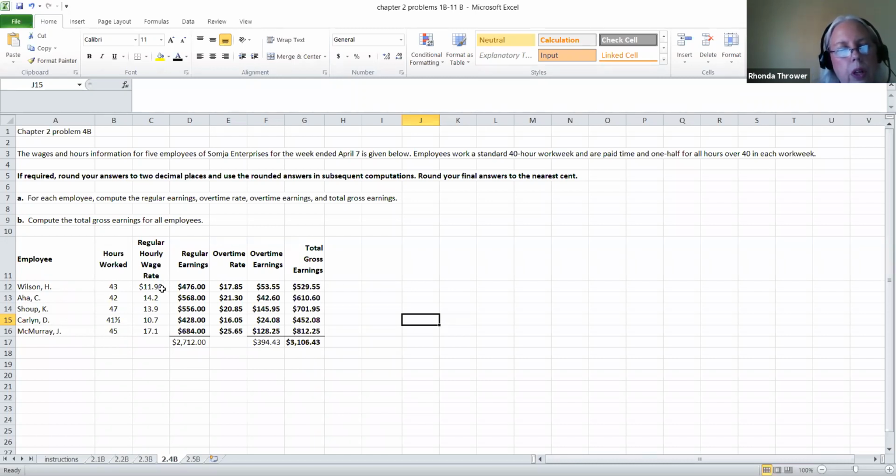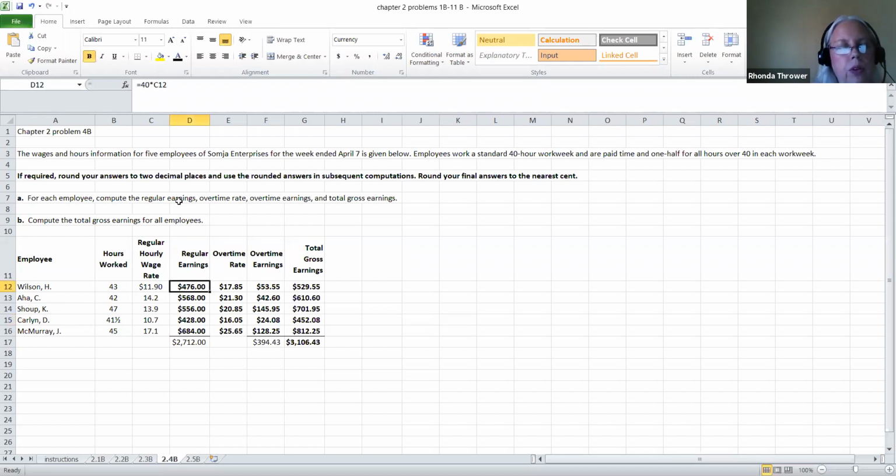In the first example for Wilson, his regular hourly wage rate was $11.90. To find the regular earnings, we would multiply $11.90 times 40 hours, because that would be his regular earnings pay here.